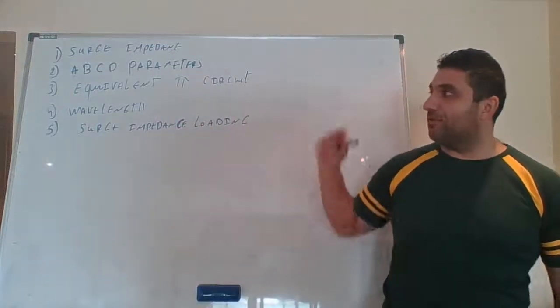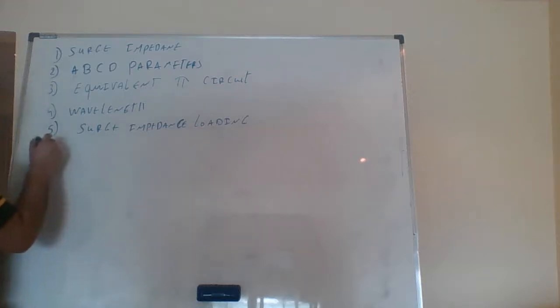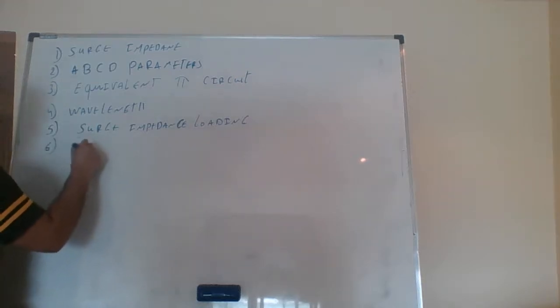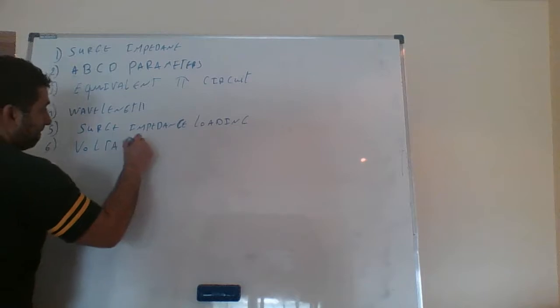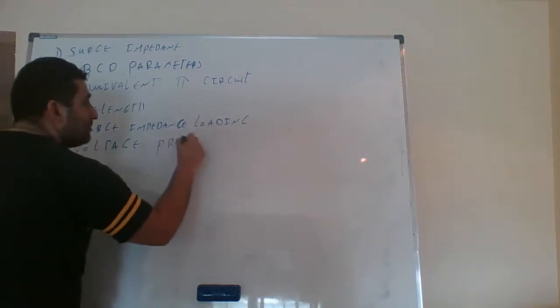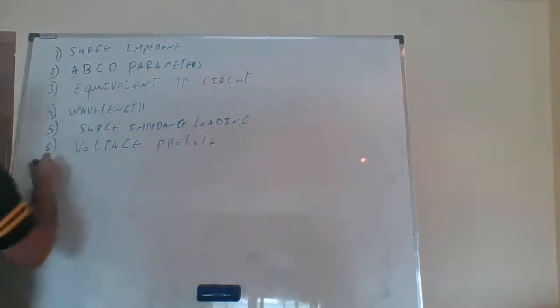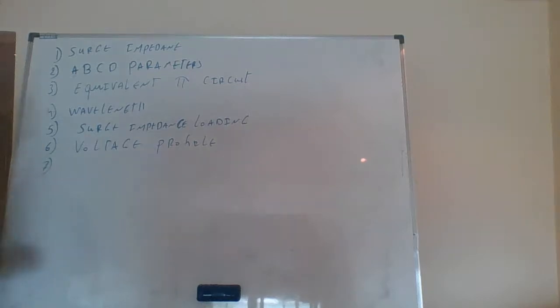We will go through each one of them. And then after we do the surge impedance loading, we will do the voltage profile for the transmission line. And then finally, we will talk about the steady state stability limit.